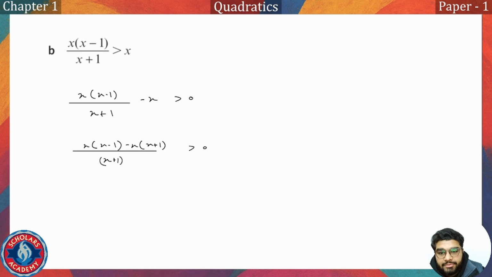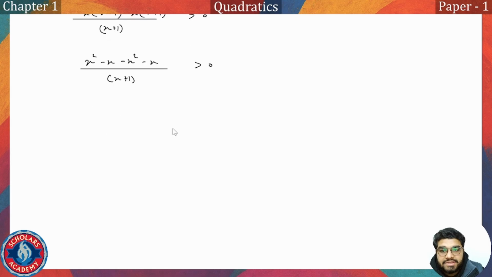If we simplify the numerator, we get x square minus x square minus x by x plus 1 is greater than 0. Now this x square gets cancelled out. We get negative 2x by x plus 1, right? And it is greater than 0. So this is what we are getting.